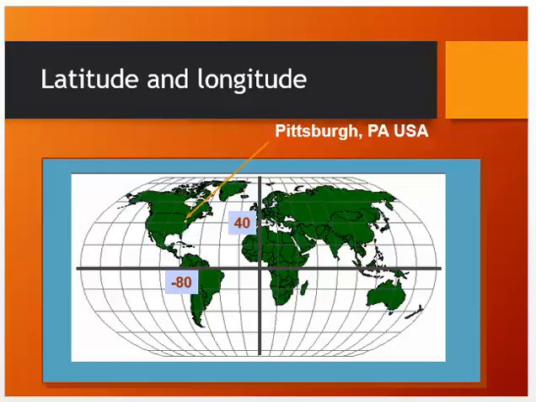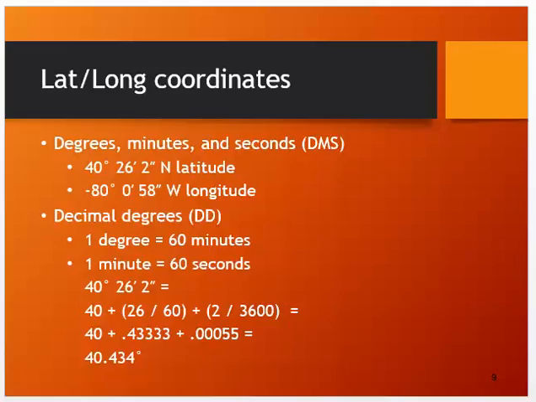Lines of latitude are measured north and south. So this example here shows Pittsburgh at 40 degrees north and minus 80 or 80 degrees west. Salt Lake City is about 40 degrees north and approximately 112 degrees west of Greenwich.